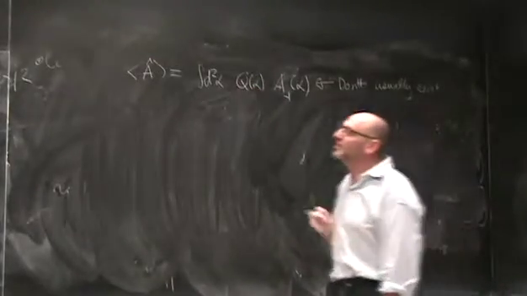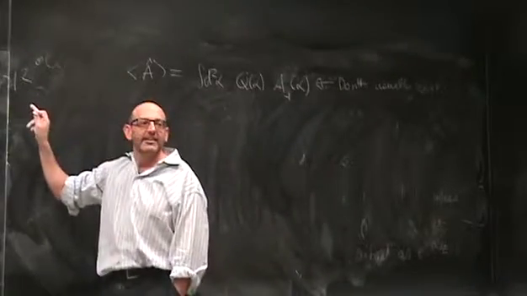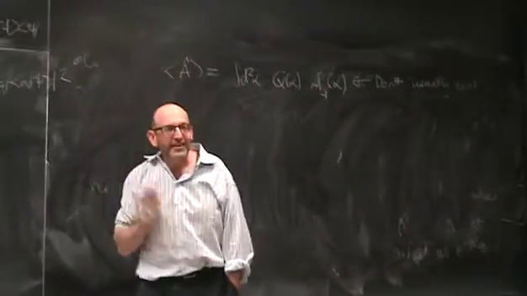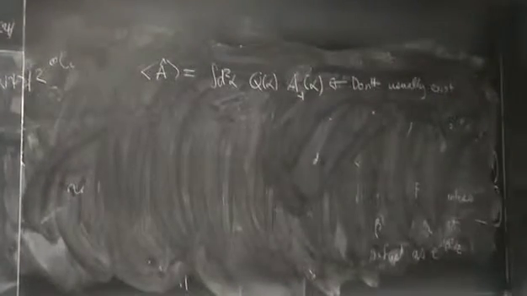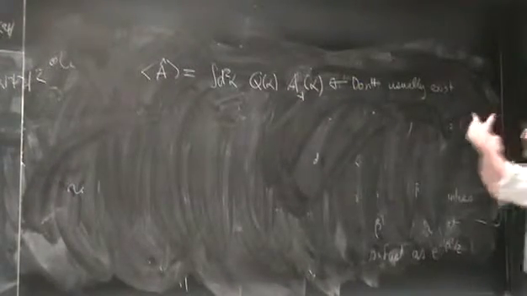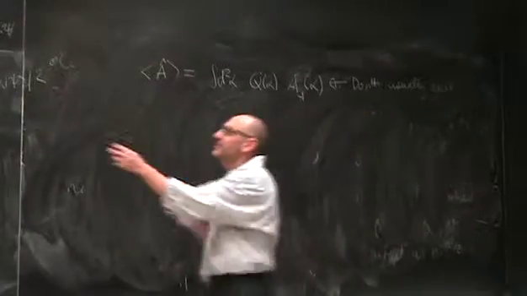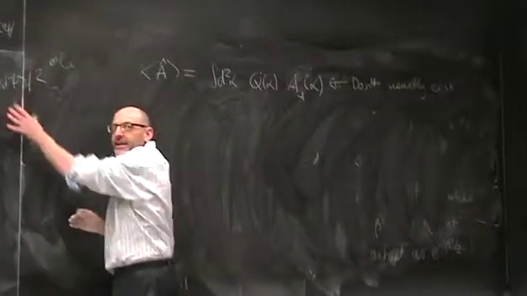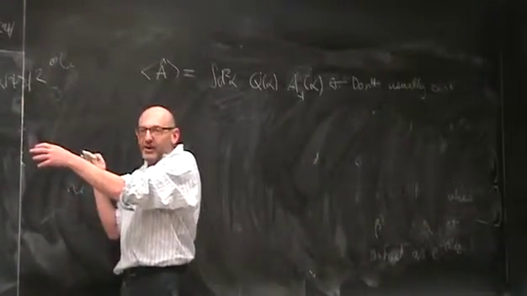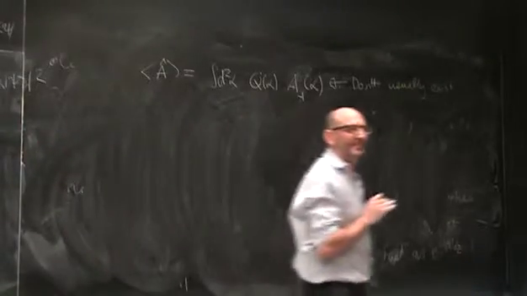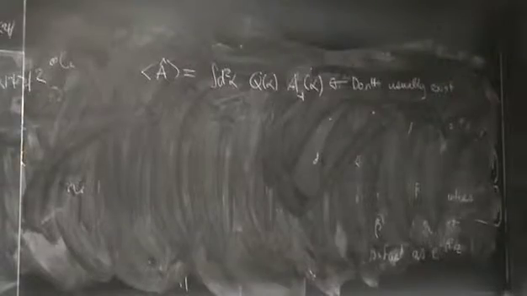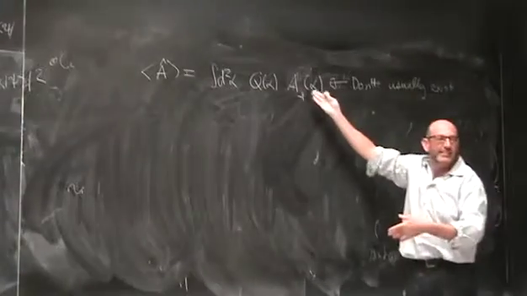So the Q function, while it always exists, is rarely useful. It's used to get a sense of what something looks like on phase space. You can just do this simply. But it's not useful for calculating anything, because you can't calculate this.